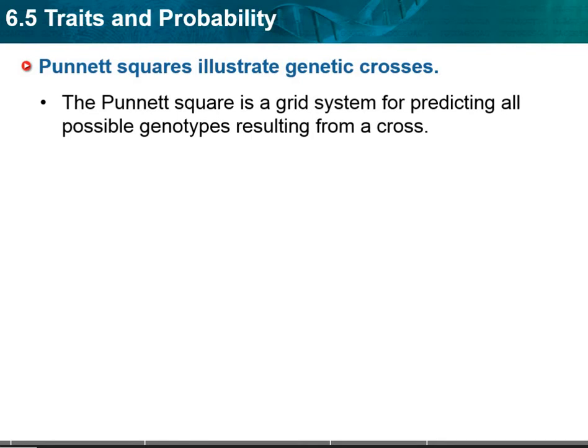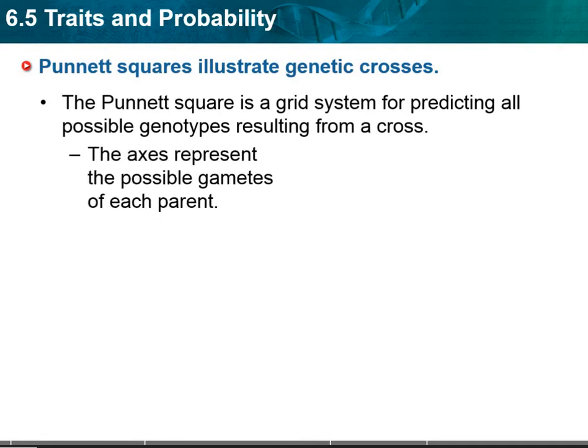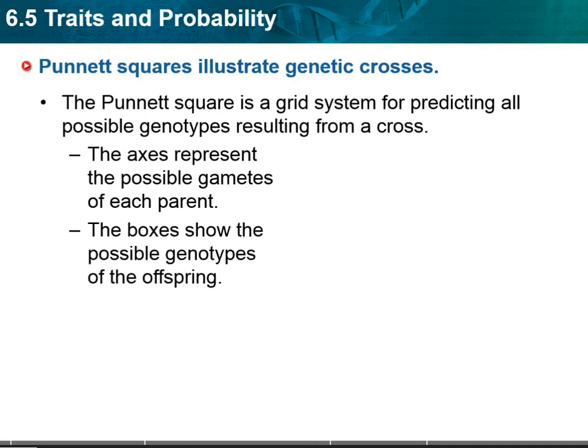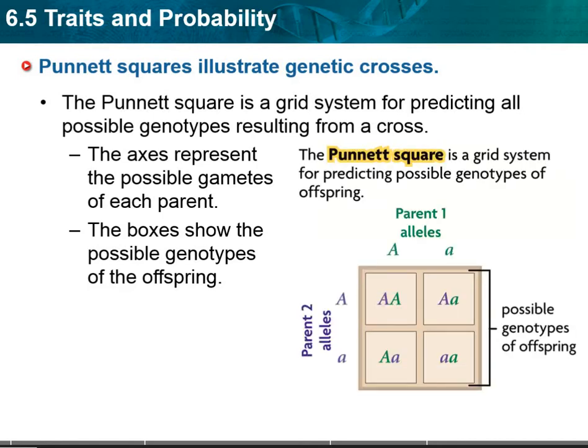The Punnett square is a grid system for predicting all possible genotypes resulting from a cross. The axes represent the possible gametes of each parent. The boxes within the grid are going to show the possible genotypes of the offspring. And from that, you would be able to identify the possible phenotypes as well.